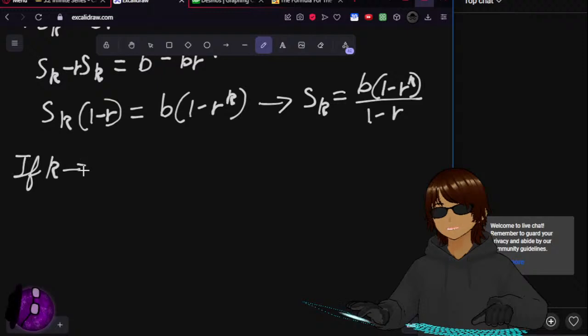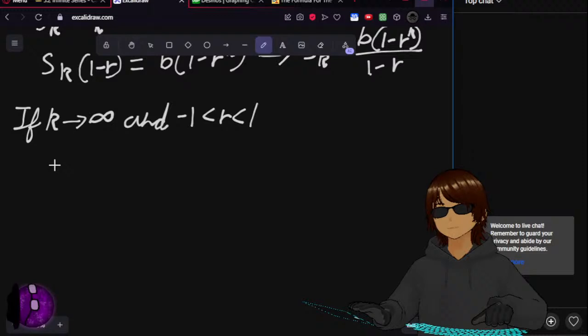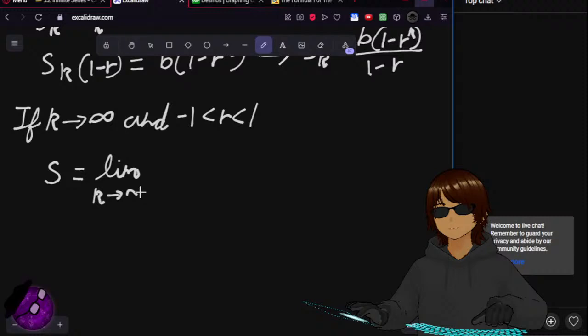If k goes to infinity and r is between minus 1 and 1, then the sum to infinity is the limit of s_k. b is a constant.